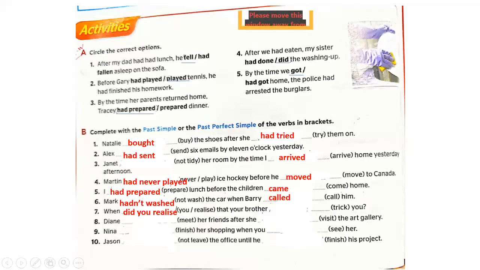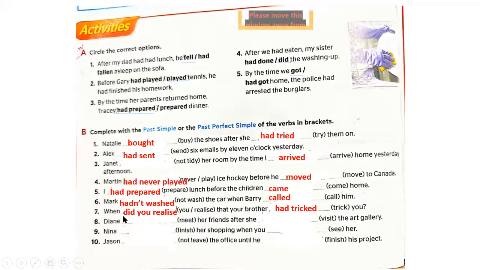Miss, shouldn't it be had? Tricked, Miss. I'll explain this. Did he trick you first or did you realize it first? No, he tricked me first. Okay, so he used it in past perfect, so that's action number 1. And realize is action number 2, so he used it in past simple. Have you got it?